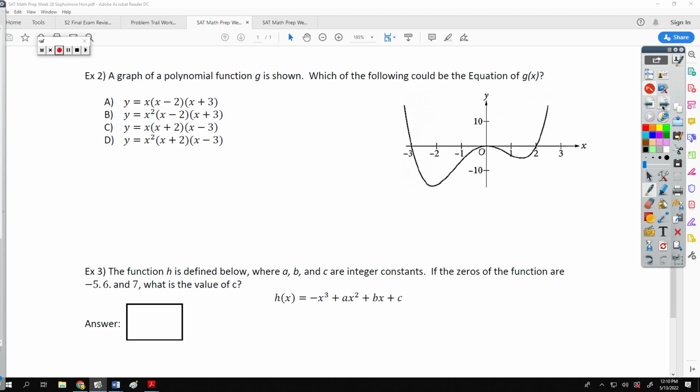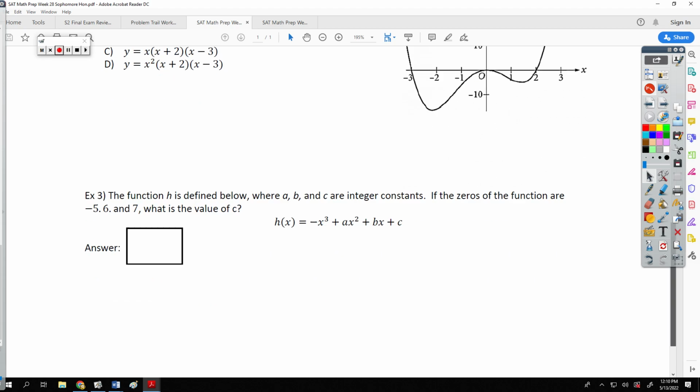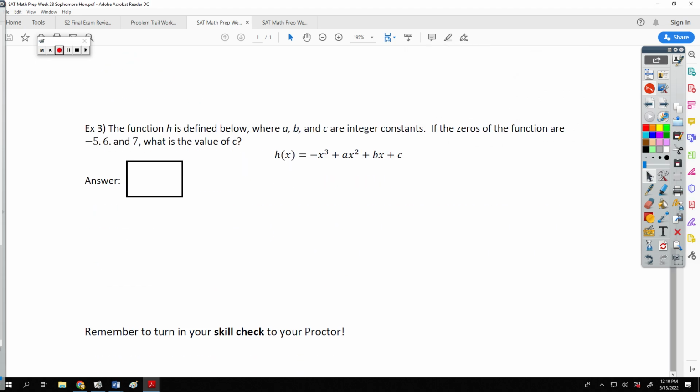Okay, our third and I believe final example of this worksheet. We have the function h is defined below where a, b, c, and d are integer constants. If the zeros of this function are 5, 6, and 7, what is the value of c? So noticing that they've given us the roots, solutions, or zeros, that allows us to figure out the actual equation.